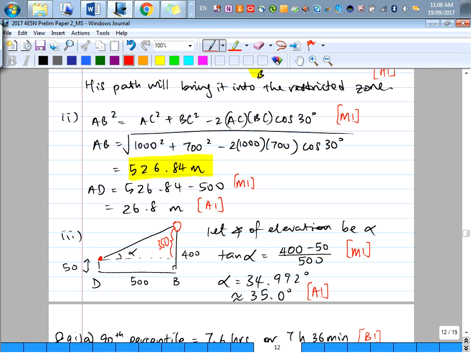Use tangent. Tangent of alpha, which is the angle of elevation, is opposite 350 divided by 500.